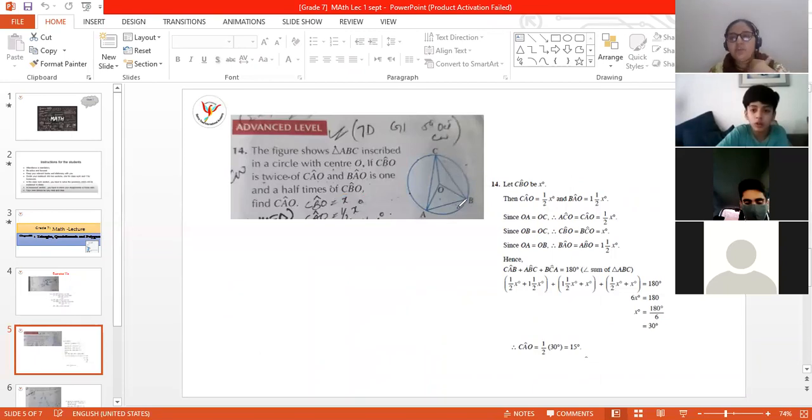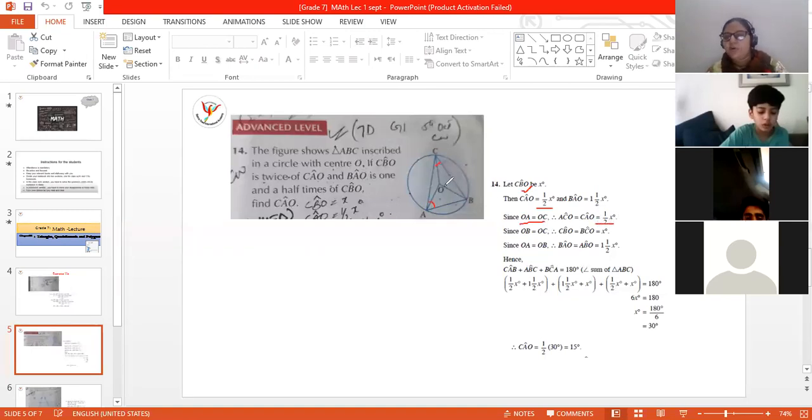Now, as I have told you earlier that the circle is inscribed, and if it is inscribed, all the corners of the triangle are touching the circle, and it means that the sides will be the same. OA will be equal to OC. If OA is equal to OC, it means that angle A will be equal to angle C. And if angle A is half of X degree, then angle C will also be half of X degree.